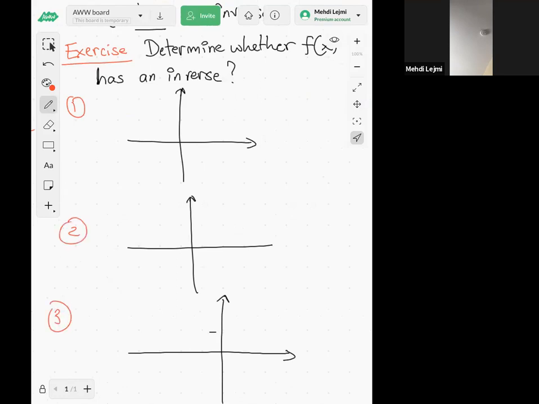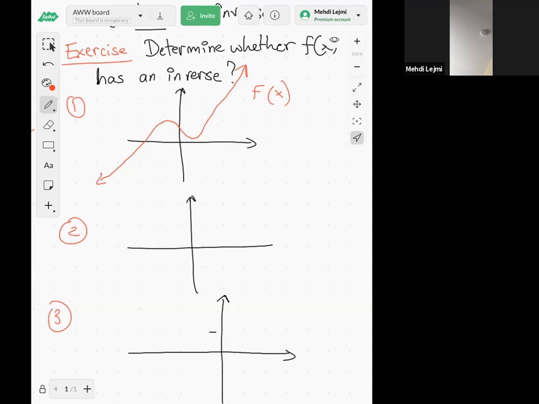For number 1, let's say you have this form of function. So this is your f of x. Number 2.